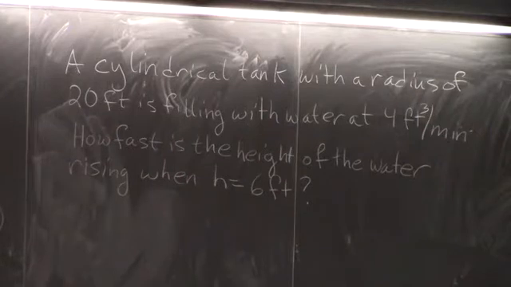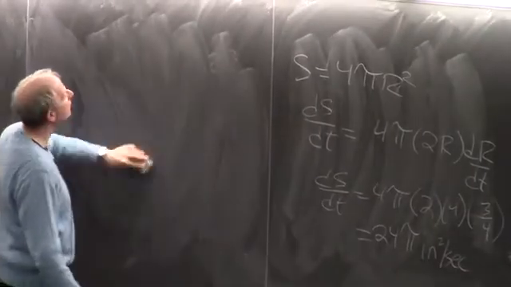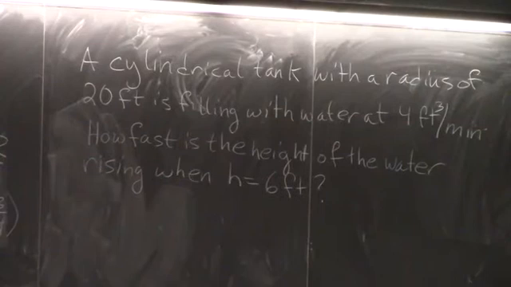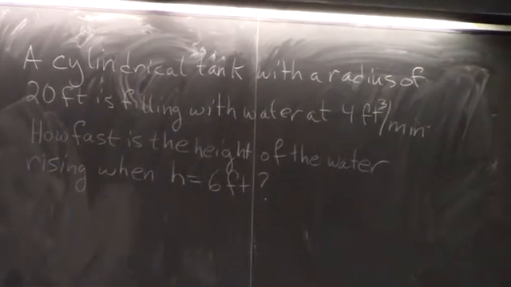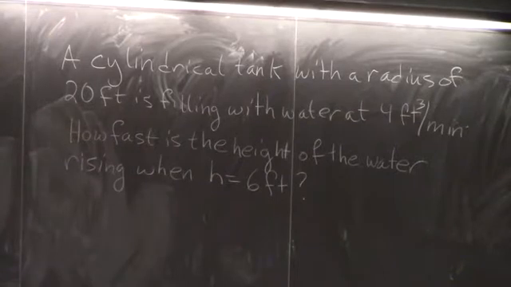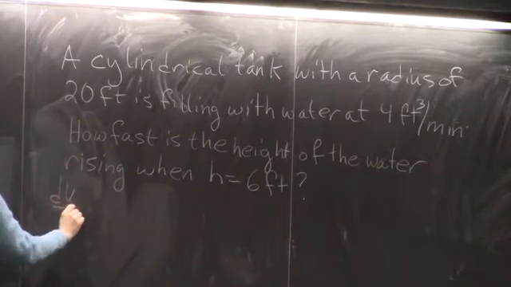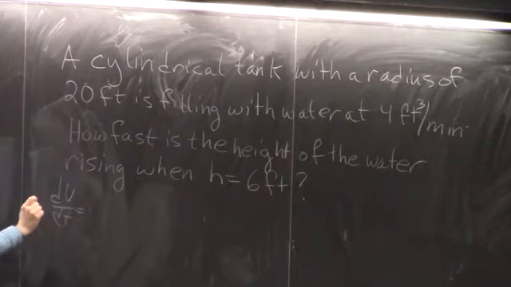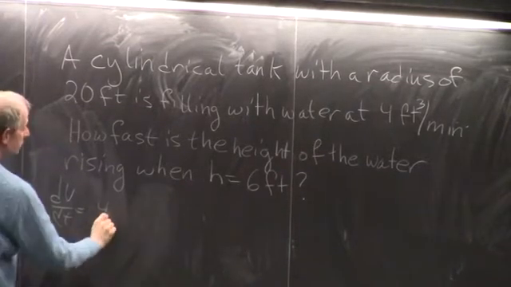R is constant. So you have a couple of ways you could do this. First, we erase while we talk. All right. So the volume is pi r squared h. We know that dV/dt is 4.